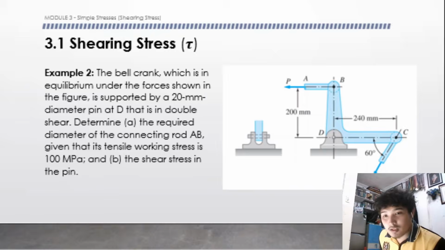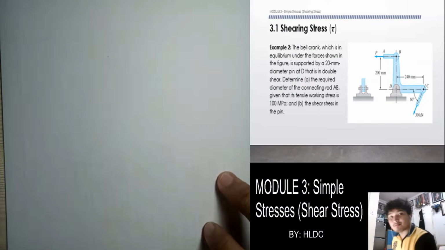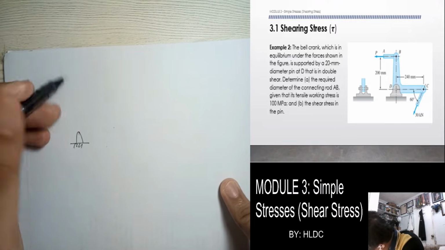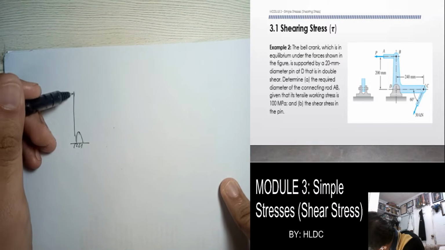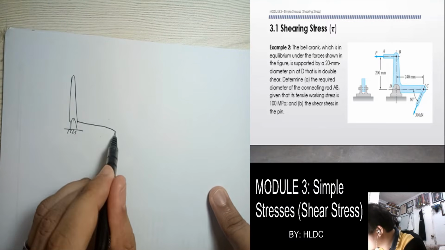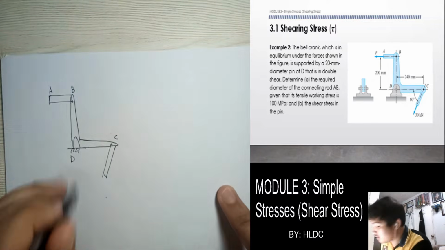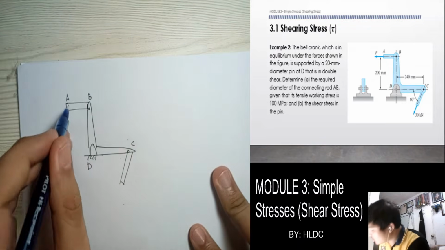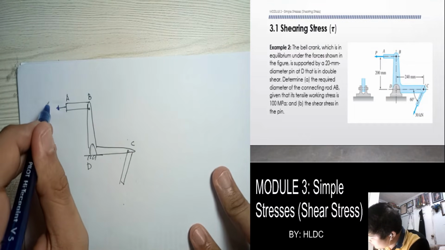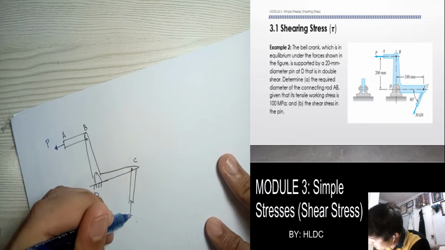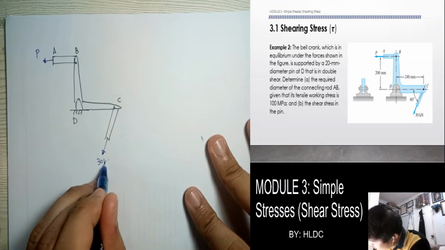Okay, so drawing muna natin, class. Ito yung rod AB. And then, dito yung isa pa. So, C, D. So, ngayon, yung rod AB subjected sa force P. And then, itong sa C, 30 kilonewtons.